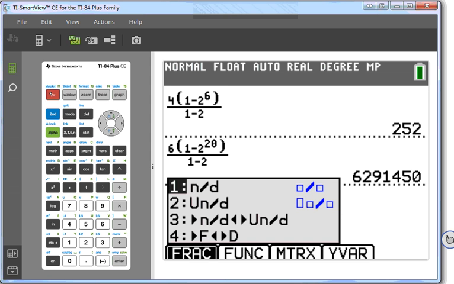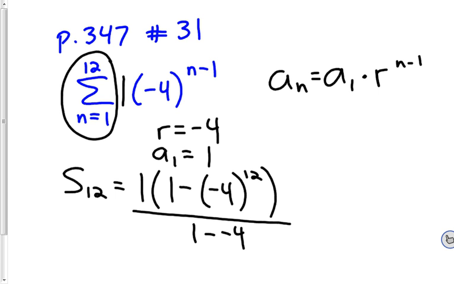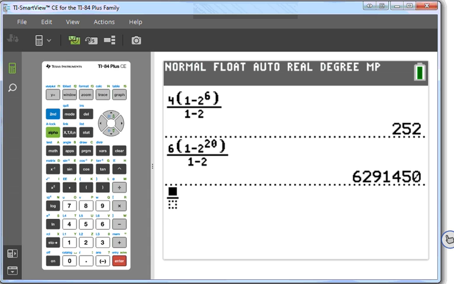I'm just going to start from the beginning here. a sub 1 was 1, so I have 1 times (1 minus, in parentheses, negative 4 raised to the 12th power), then 1 minus negative 4 on the bottom.